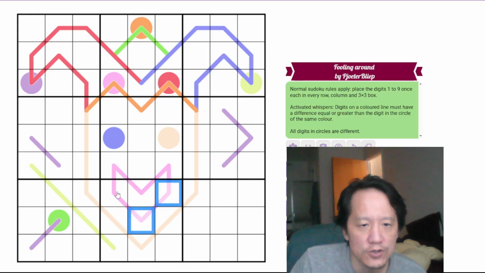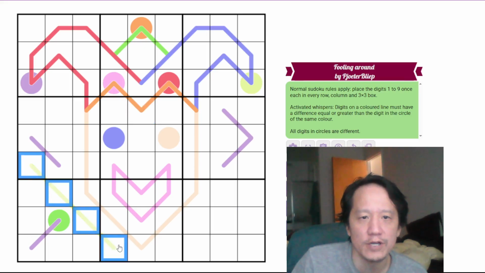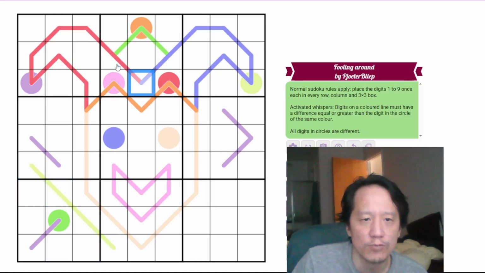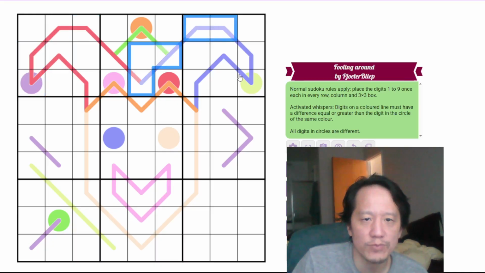Pink, obviously, you have 3. Tan, you have at least 3 in the same row. Orange, you also have 3 in the same line, so this cannot just be 1 and 9. So I think it has to be the light green here, which is 1, 9. Red has many, so this can't be 1 and 9 just by itself. Blue, same thing.